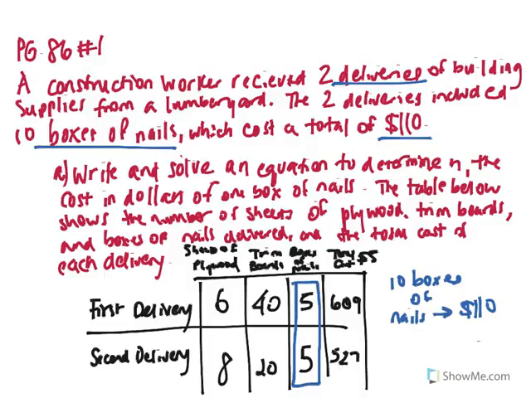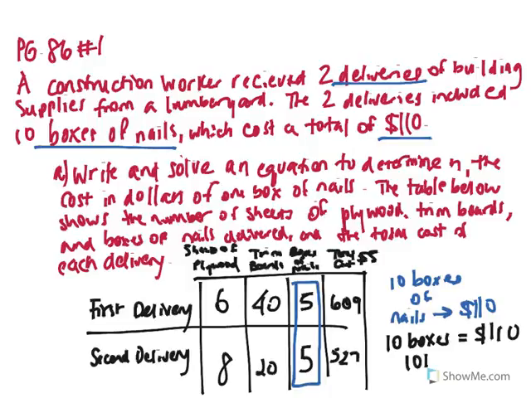Okay, so the total cost of these boxes of nails is $110. Excellent, got it. Let's read the question. Write and solve an equation to determine N, the cost in dollars of 1 box of nails. Okay, so we need to find out the cost of 1 box of nails. Well, if 10 boxes of nails equals $110, because that's how much they cost, let's write a little equation.